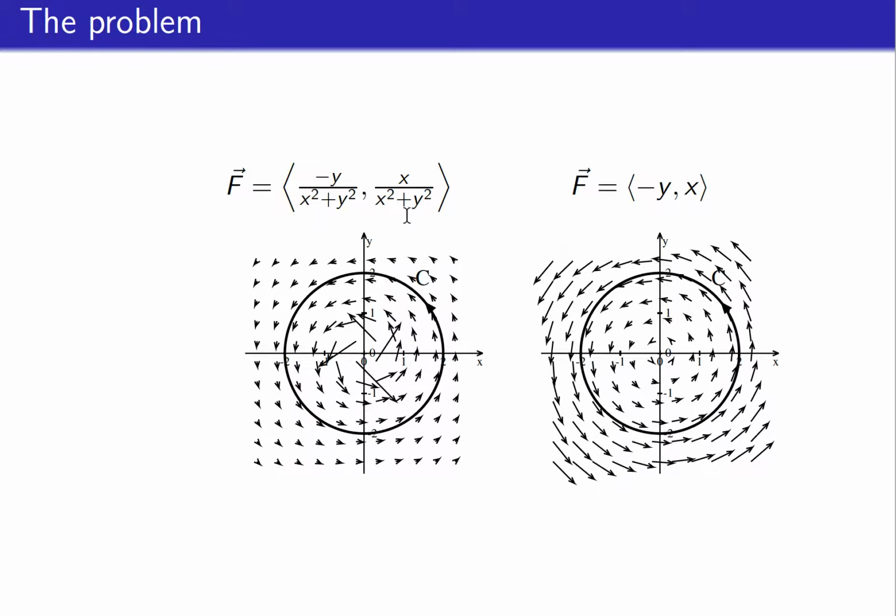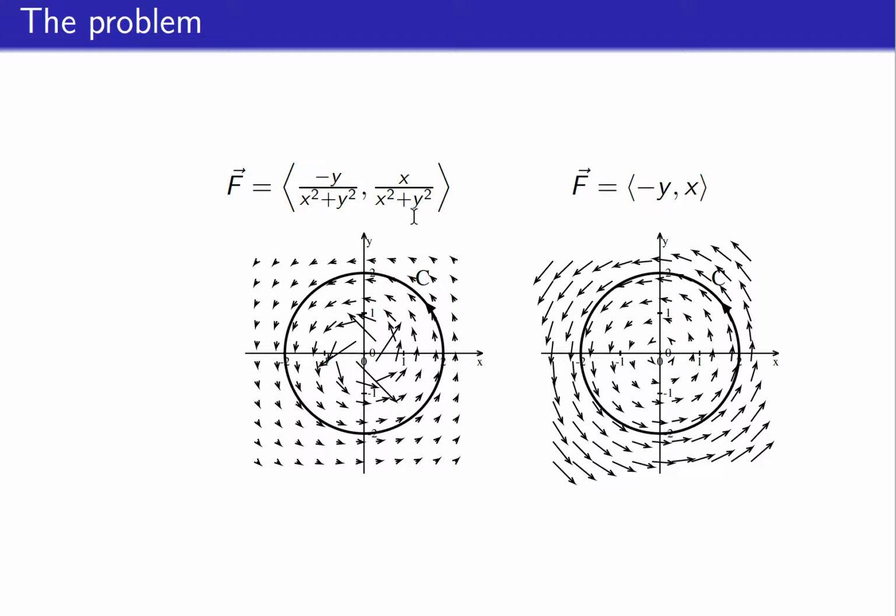This one, you'll notice it's a lot like this, except that you've got this extra denominator here of x squared plus y squared. Other than that, it's exactly the same thing. That's why it looks like this. The arrows are pointing the same direction, it's just rescaled. Over here, in this one, the vectors were close to 0 around the origin, and they get larger and larger as you go further and further out. Here, it's the other way around.